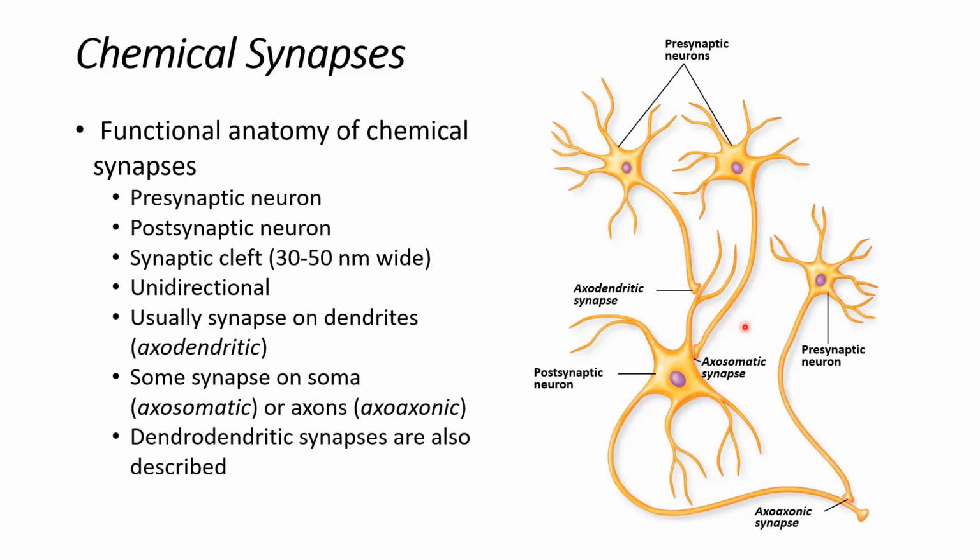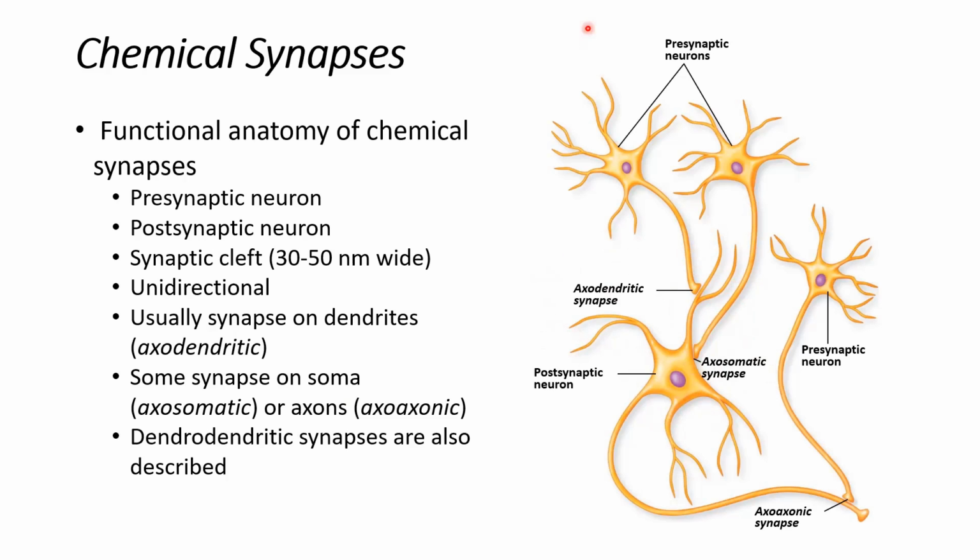The other examples are the axosomatic, where we have the synapse taking place from the axon terminal to the soma itself, right? Remember, soma is synonymous with cell body, which is the area of the neuron where we have the cytoplasm, the nucleus. So this is the axosomatic synapse.